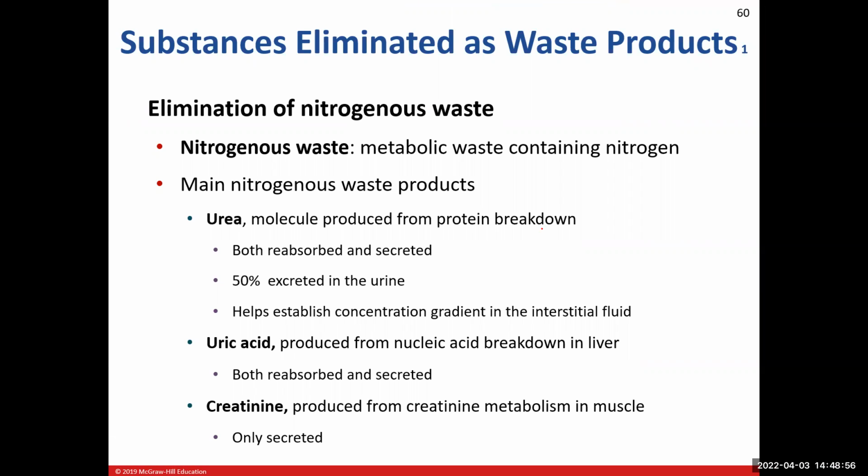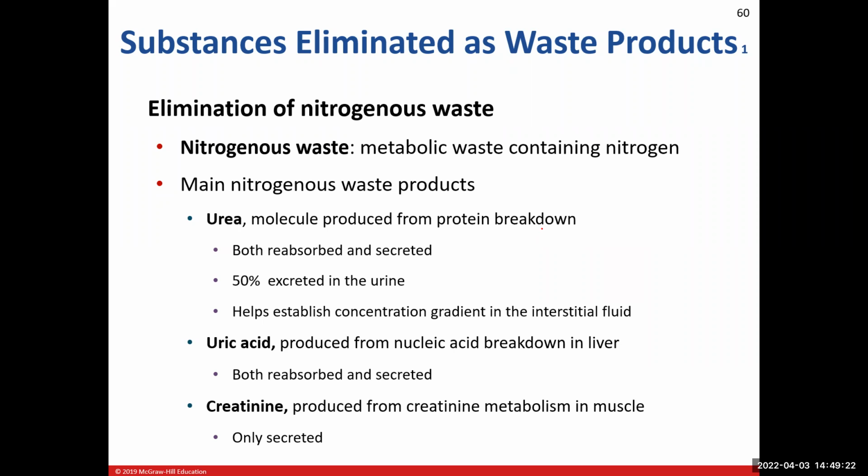Okay, so more waste products to get rid of. We've talked about metabolism and how cells need nutrients for certain processes in the body, and the cells will start to engage in these chemical reactions. Well, as you know, there are going to be waste products generated from metabolism.